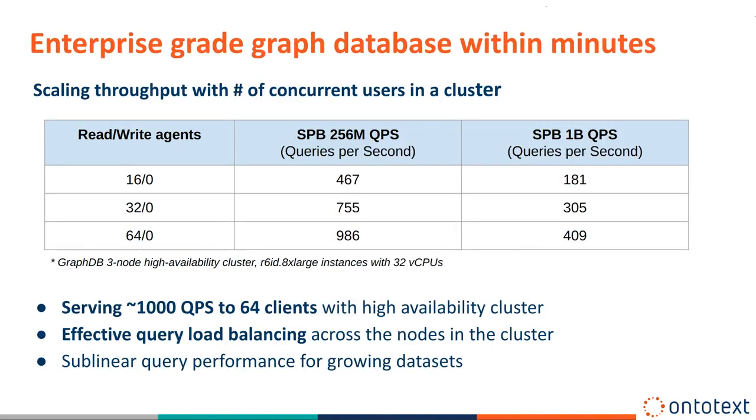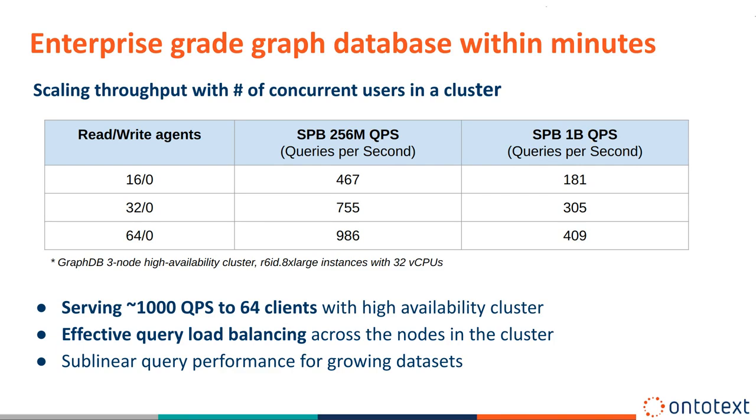So in terms of an enterprise-ready graph database, we decided to use our high availability cluster, which is based on replication of data between nodes. So it's not a sharding cluster.